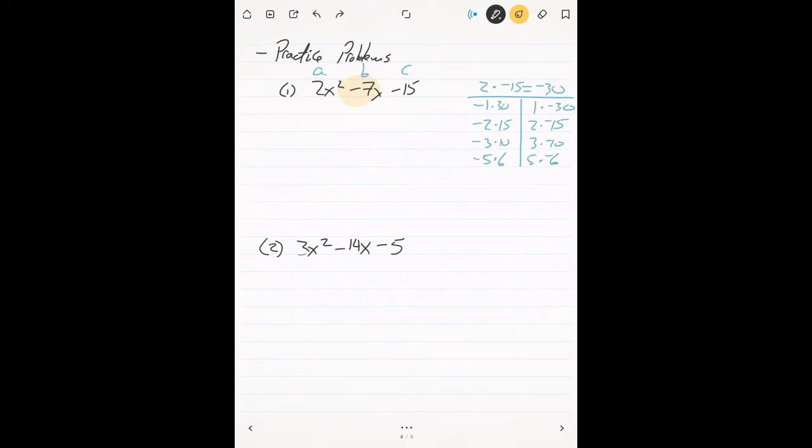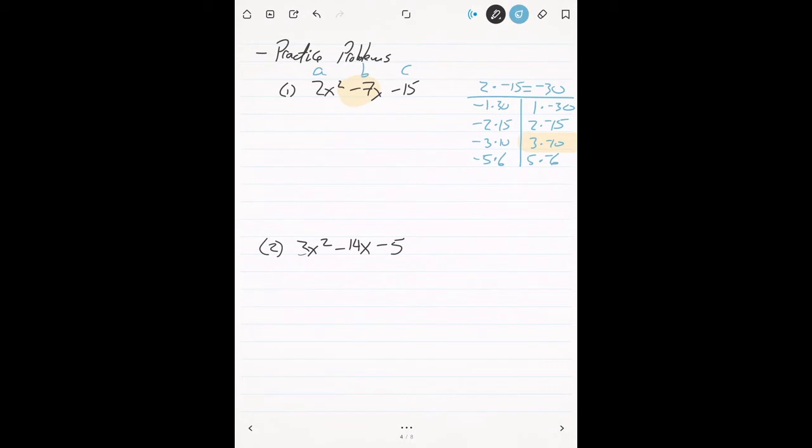Well, hopefully you're saying the 3 and the 10, when we subtract those, we will get a 7. But which one? Do we want the negative 3 and 10 or the 3 and the negative 10? Remember, B is negative 7, so we want 3 and negative 10, okay? Signs are important here. You have to make sure you're selecting which things add up to give you the exact B term.